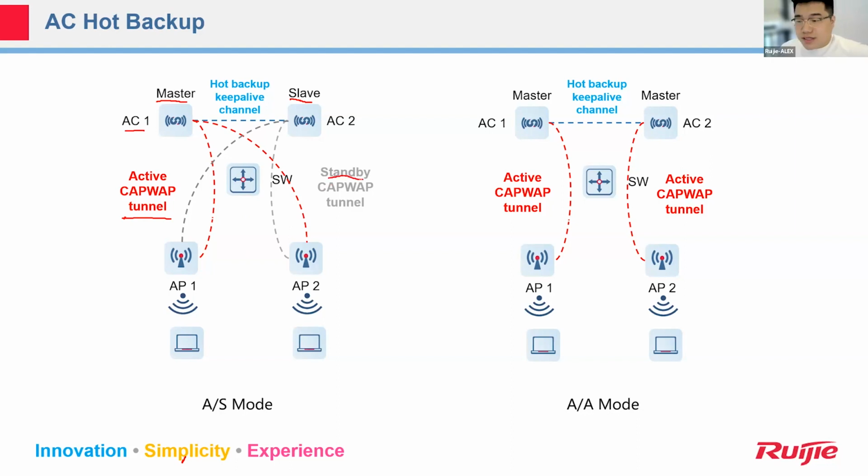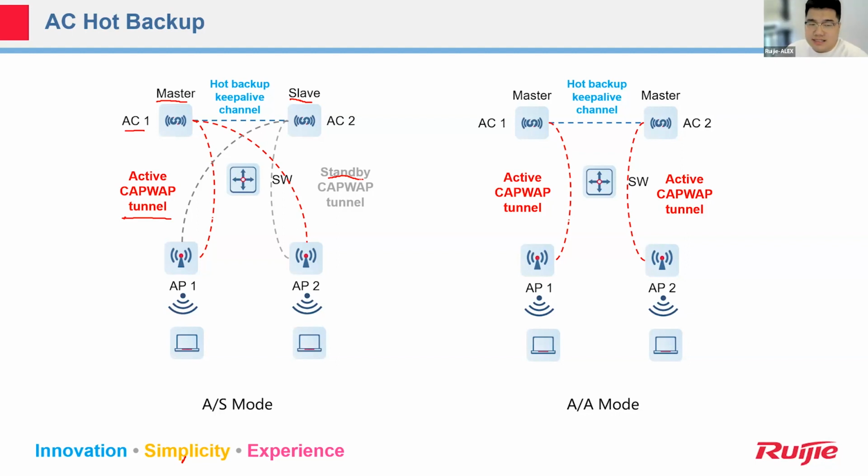And in this way, how can I say? In the centralized forwarding mode, all the traffic will be forwarded to AC1, and AC1 will manage all the APs. While at the same time, AC2 is standby, is totally free, and it will not forward any traffic, it will not control any APs.